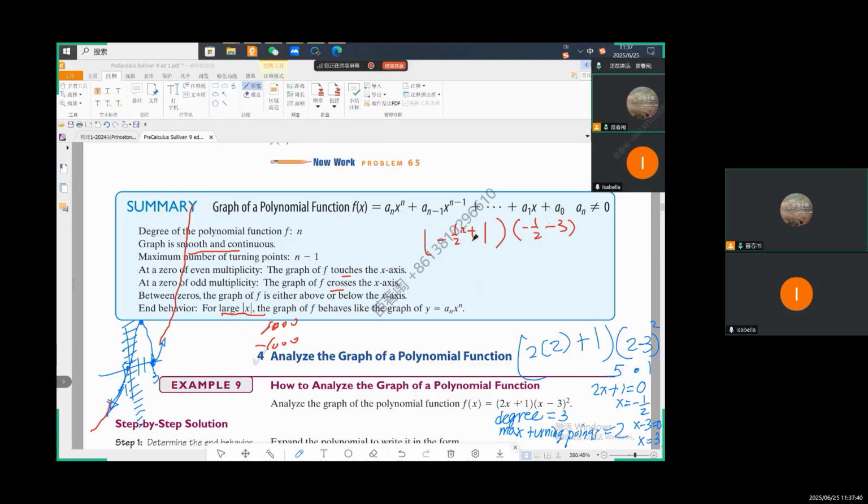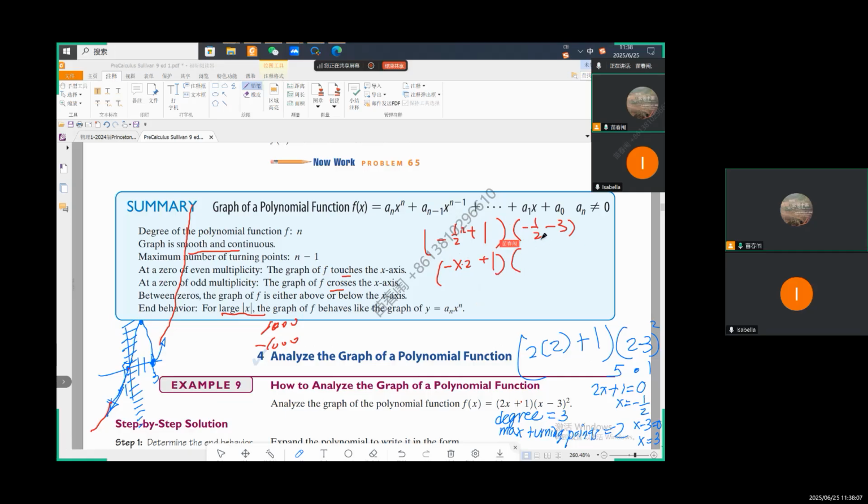If it is near 0, this one can be 0, so it can't be. I don't want this one to be 0, so instead of negative 1 over 2 times 2, I'm going to write x times 2 plus 1, because I want to keep that.